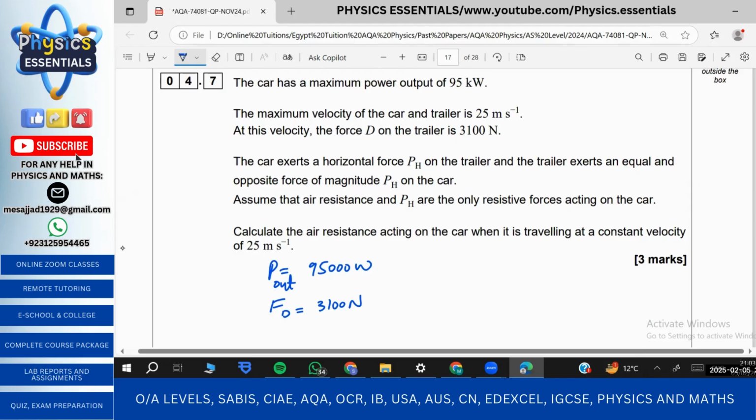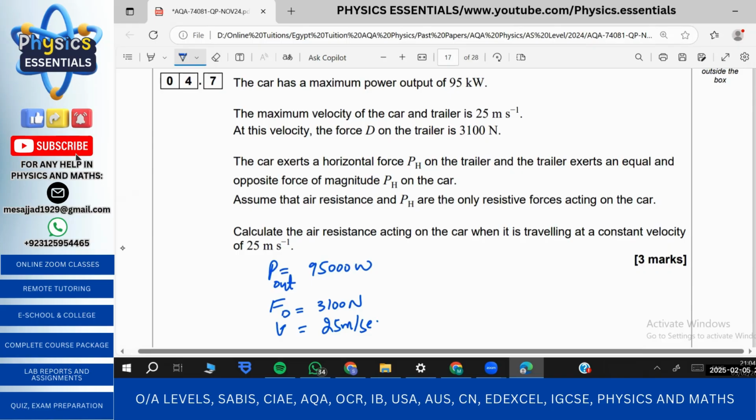First of all, you have the drag force 3100 newtons, and the speed you have is 25 meters per second.